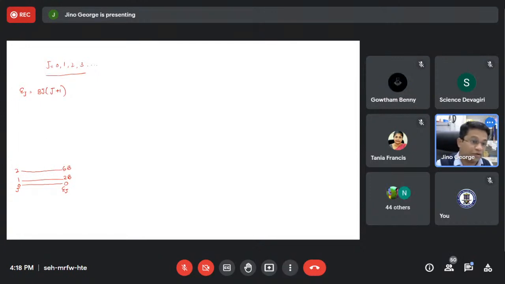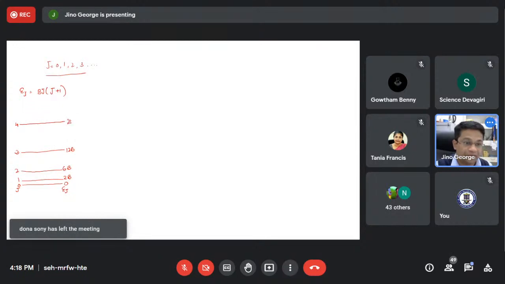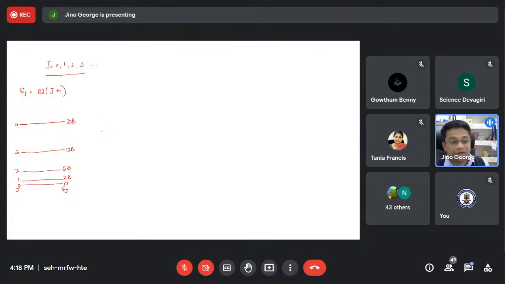That means B into 2 into 2 plus 1, that is 3. 3 into 2 is 6, so 6B. Then it goes like this. Third level, this will be 12B. Fourth level, this will be 20B. Okay, so it goes on like this. These are the allowed rotational energy levels.